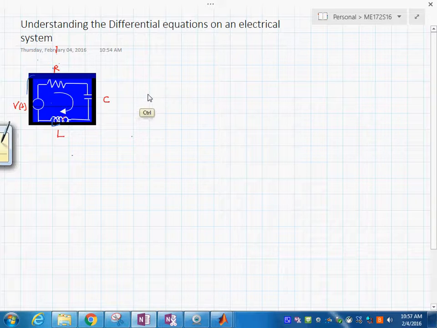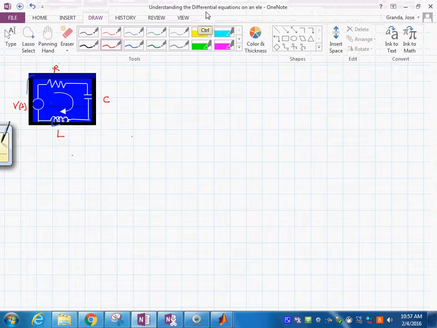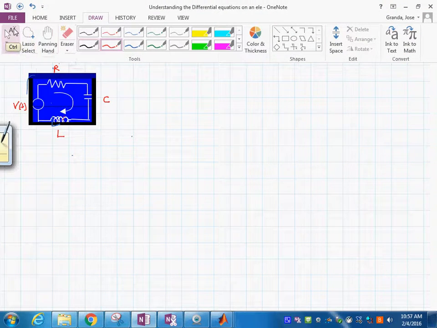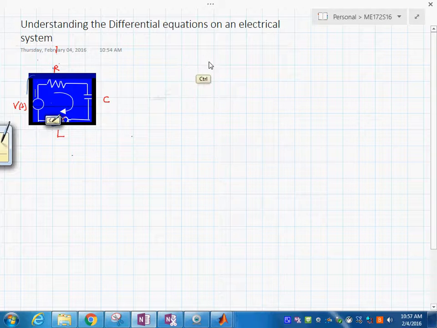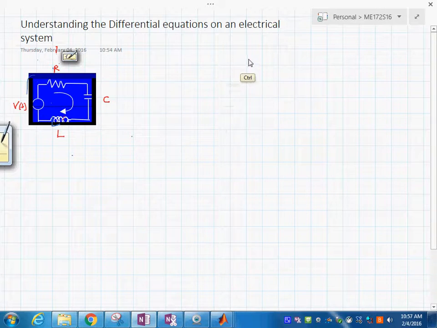So to be able to use this method, let's put a set of steps in here. I like steps. I think it's always a good idea to have steps.